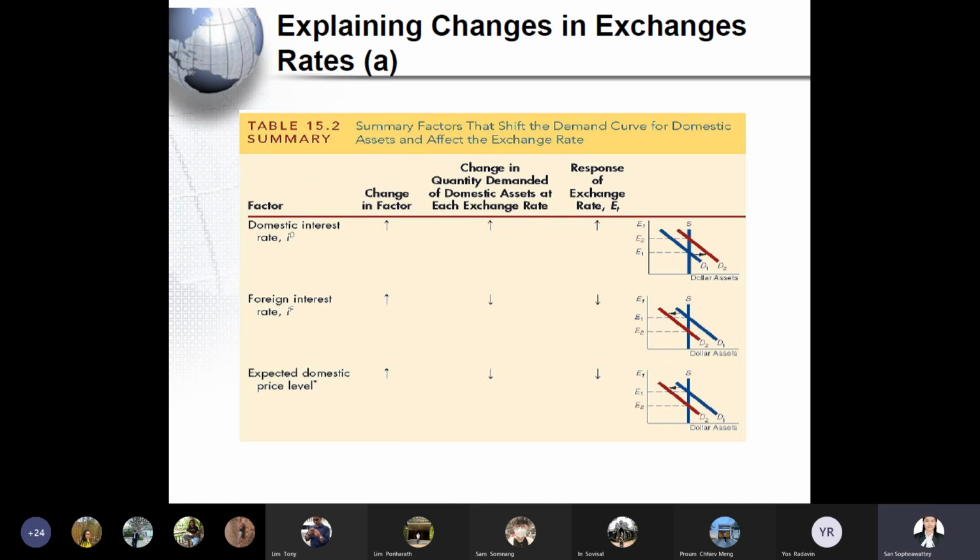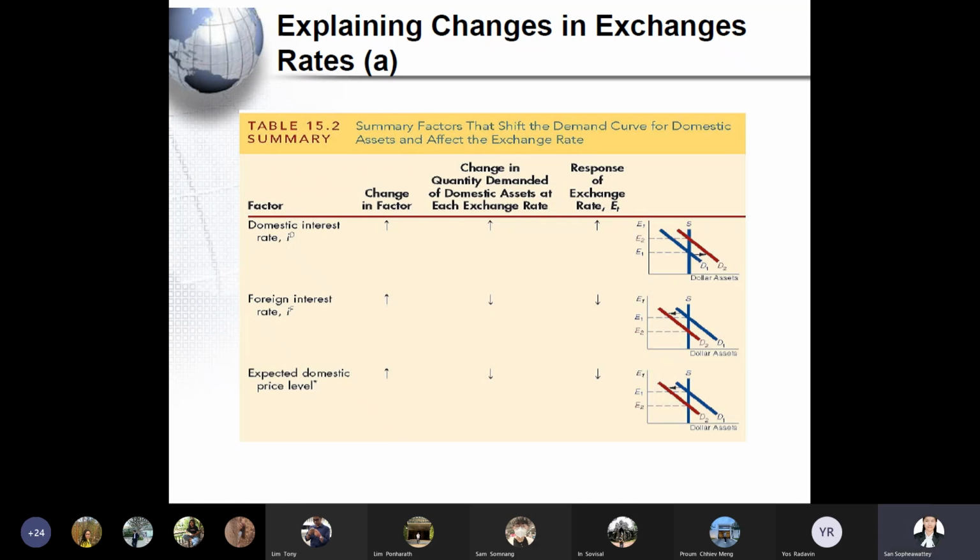So the quantity demanded for US dollar assets increases, the demand curve shifts to the right, and the equilibrium exchange rate increases. And when the foreign interest rate increases, the demand for US dollar assets decreases, the exchange rate depreciates, and the demand curve shifts to the left.